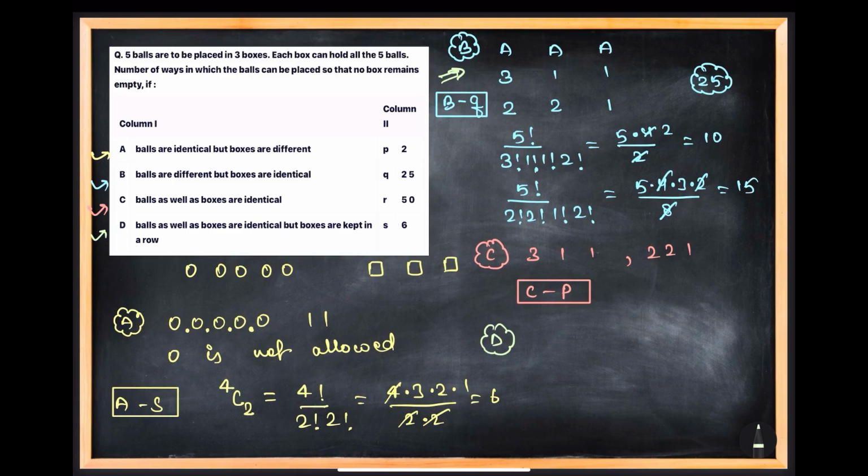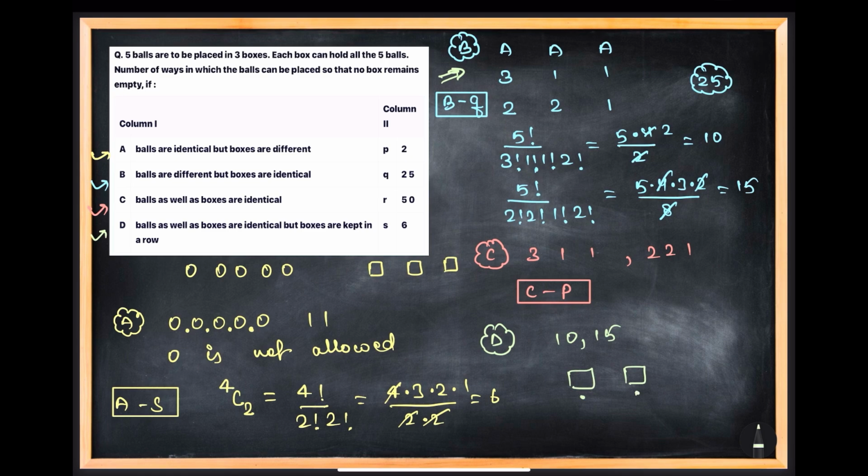Okay, so what was the first distribution? 10. And the second distribution was 15. If you arrange them into a row, for this you have how many choices? Two choices.